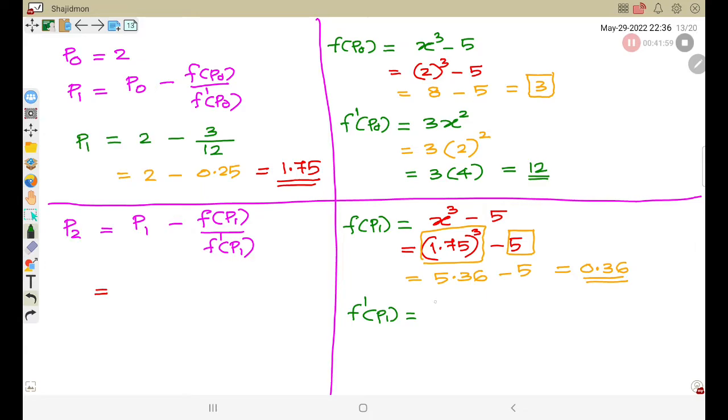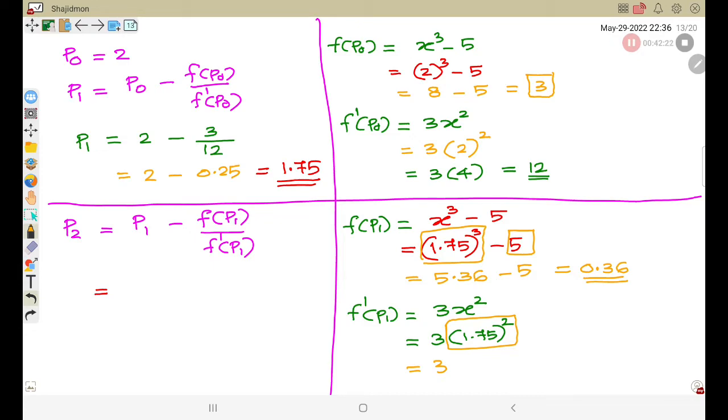Now f dash of P1, correct? f dash of x means 3x power 2. That means 3 multiply, instead of x apply the P1 value. What is P1? 1.75 power 2. Now calculate. So 3 multiply, first check what is 1.75 whole power 2 using 3 digits rounding.